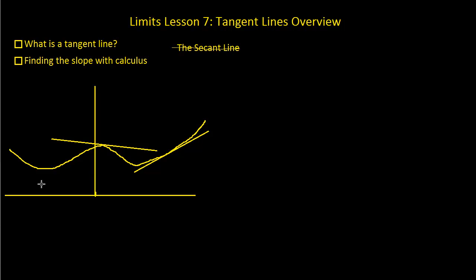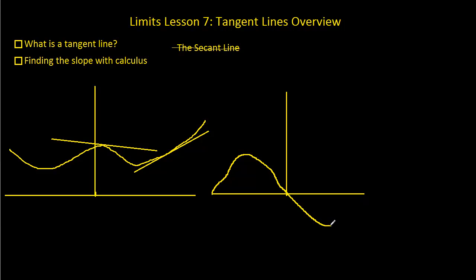But you might be saying, what do you do when you have something like this, where the curve is like a sine wave? Now, what is the tangent line at this center point? It doesn't exactly go straight through and touch only 1 point. It's actually going to look something like this.